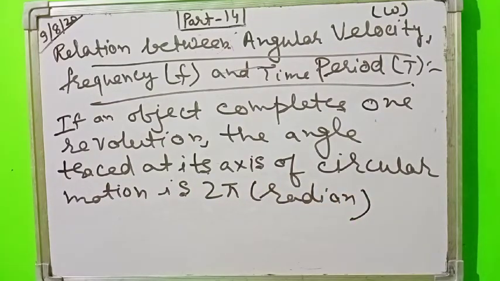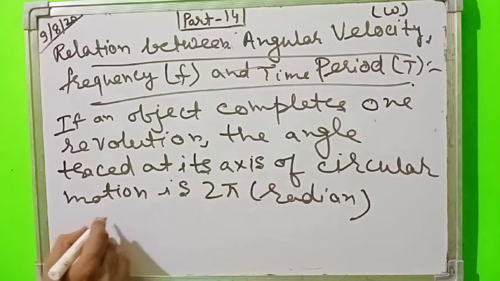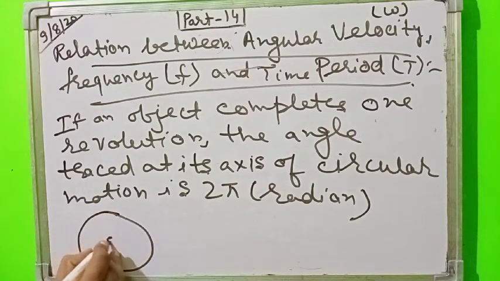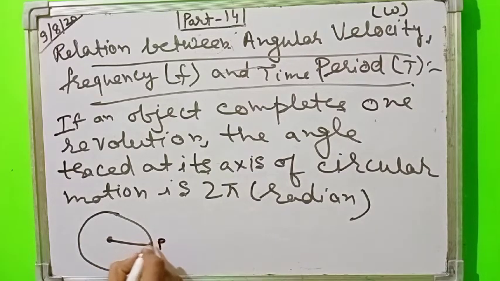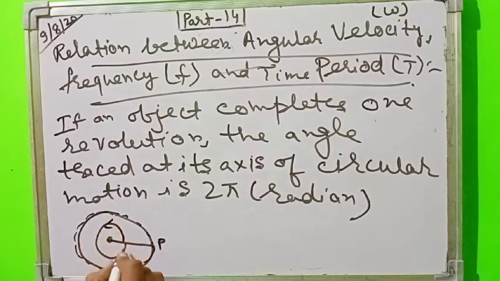Suppose this is the object and from point P it starts moving and again it comes to point P, then the angle subtended at the center by this object is a complete angle of 360 degree or 2 pi radian.